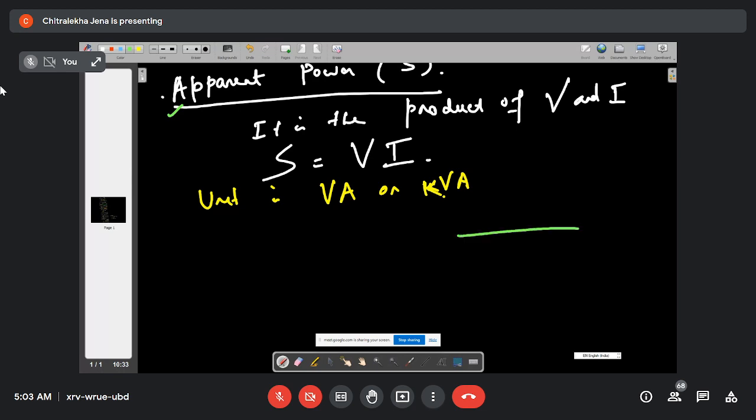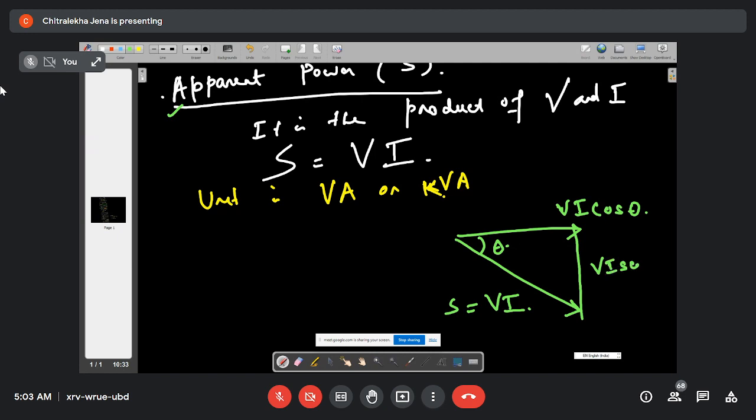How do I draw it? This side is VI, the apparent power S, this angle is theta. The in-phase component I write as VI cos theta, and the other component is VI sin theta. This is the active power, this is the reactive power, and this is the apparent power. This triangle we call the power triangle.